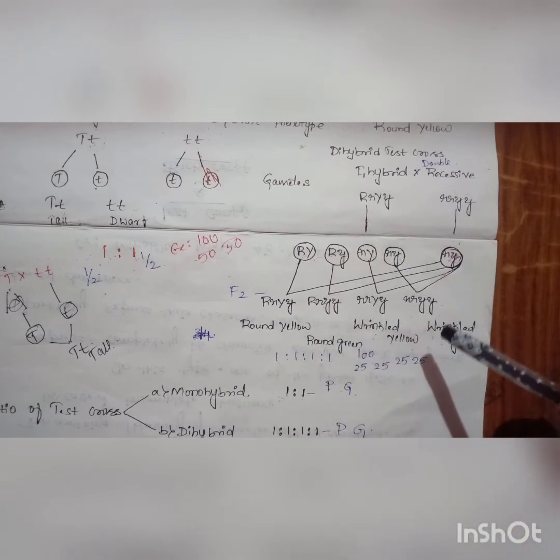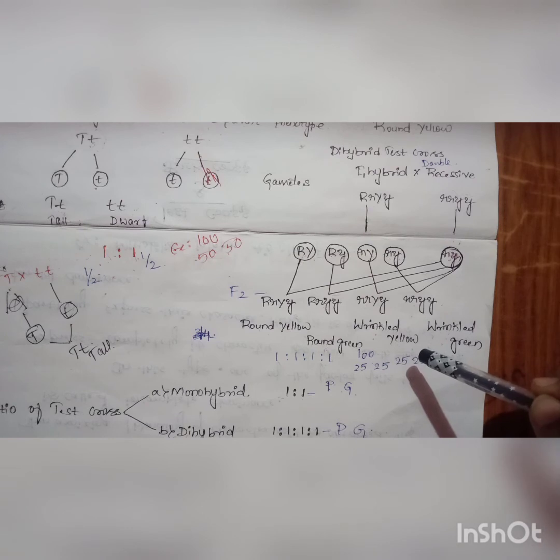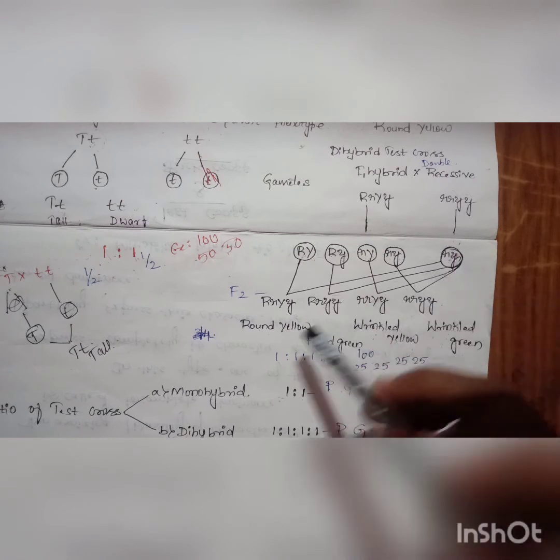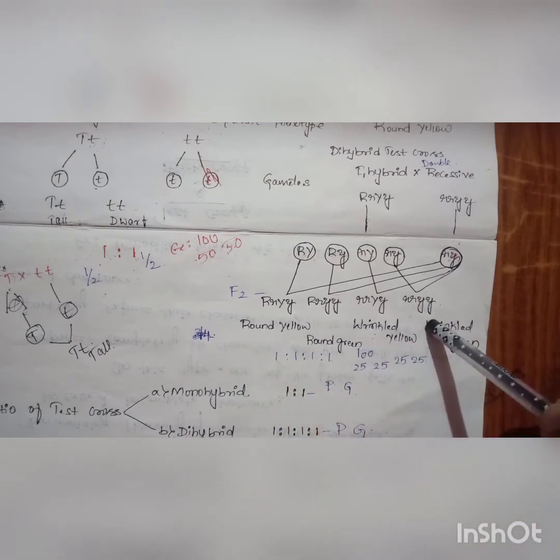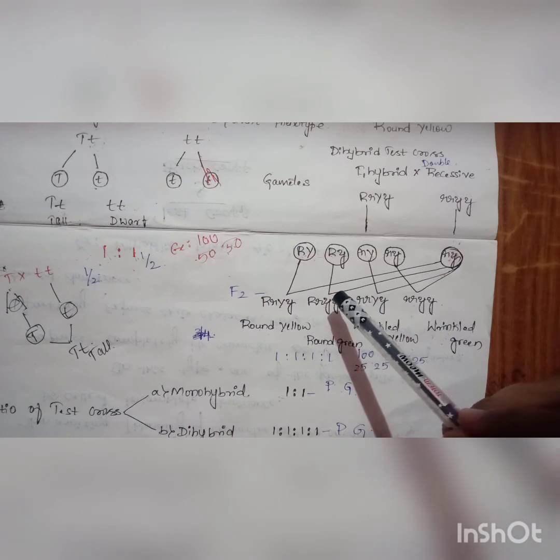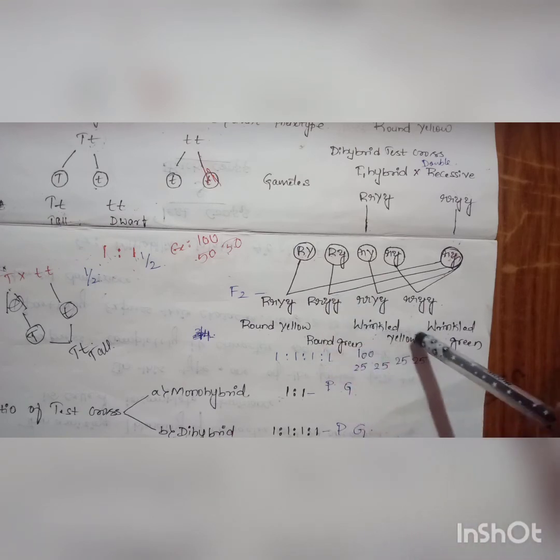Of course, the phenotypic character is decided by the genotype only. The phenotypic character results from the genotype. So the phenotypic ratio is 1:1:1:1 and the genotypic ratio is also 1:1:1:1 for dihybrid test cross.